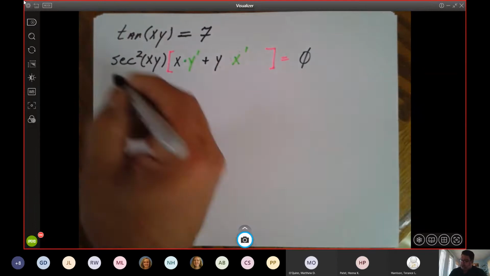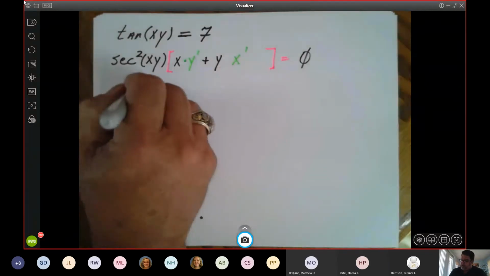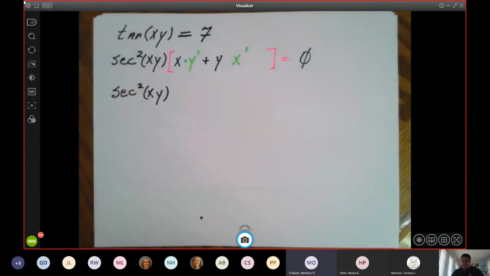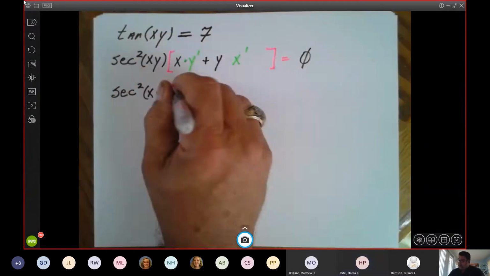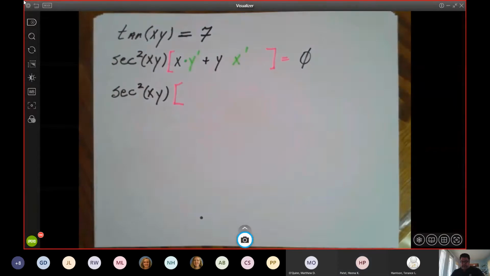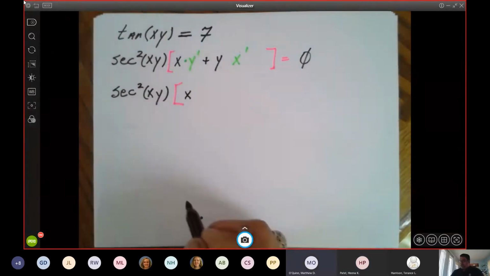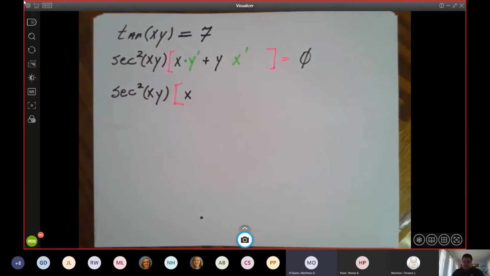So secant squared of xy, parentheses. Okay, the x is in black, so I can't do anything with it. Y prime, I'm going to change that to, I want to use green. No, I've already used green.